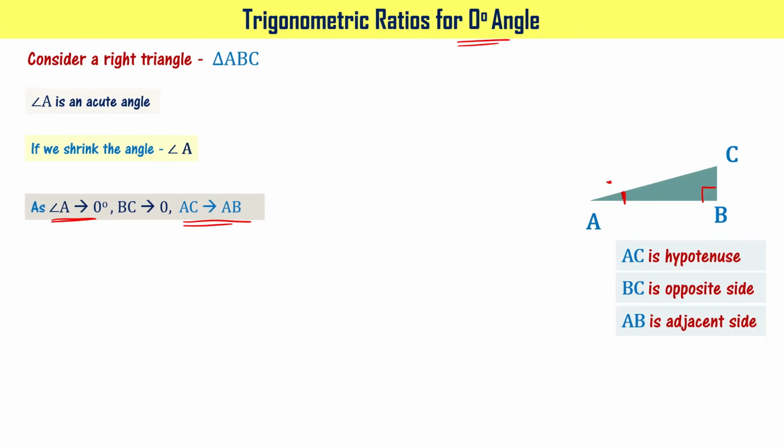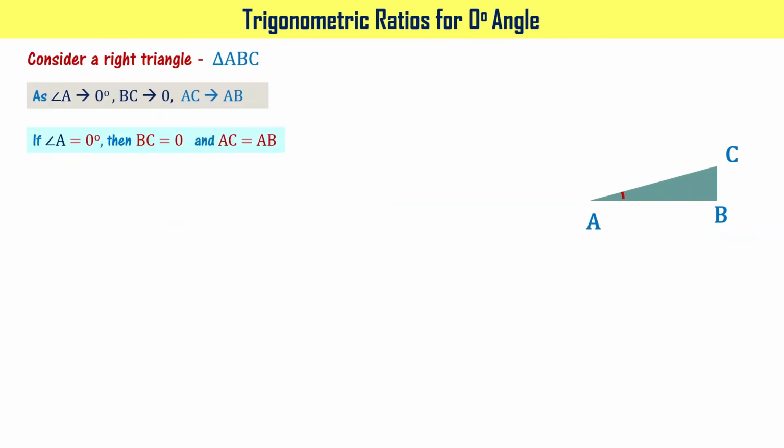That's why AC goes to AB and BC goes to 0, right? When angle A goes to 0, BC goes to 0. So let me write what happens to these two sides when angle A equal to 0. When angle A equal to 0, BC is equal to 0 and AC equal to AB, right?